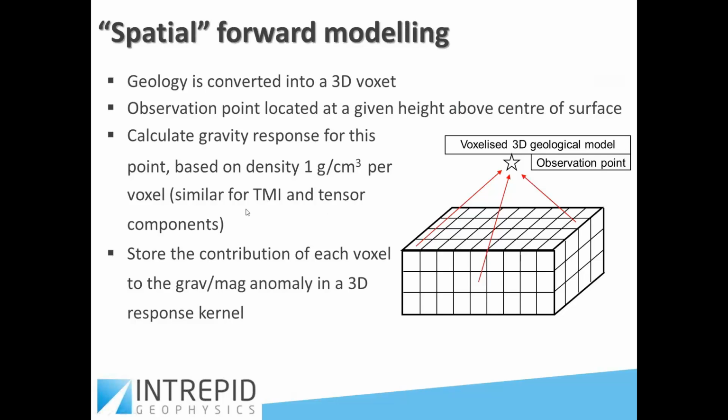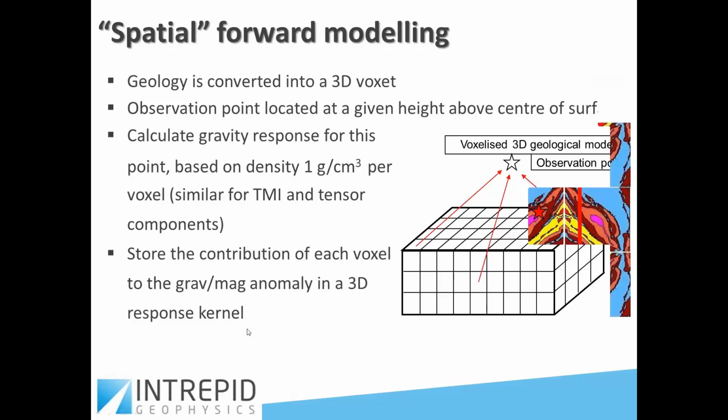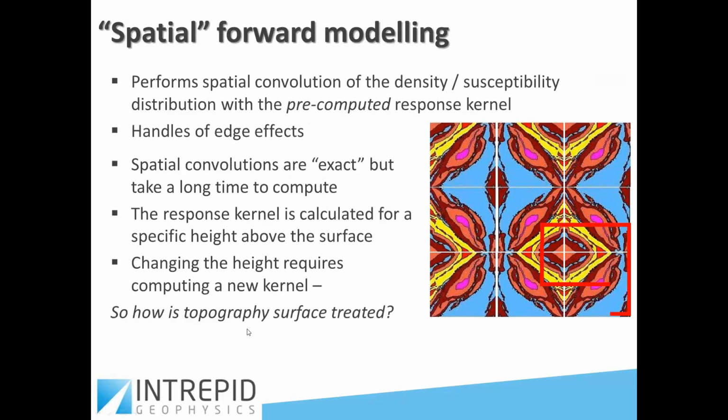And similarly, you can do this type of response for total magnetic intensity and the tensor components. Once that's done, you store that contribution for each small cell or voxel in a response kernel so that all the computations hereafter refer back to that. And that's the way it's handled.